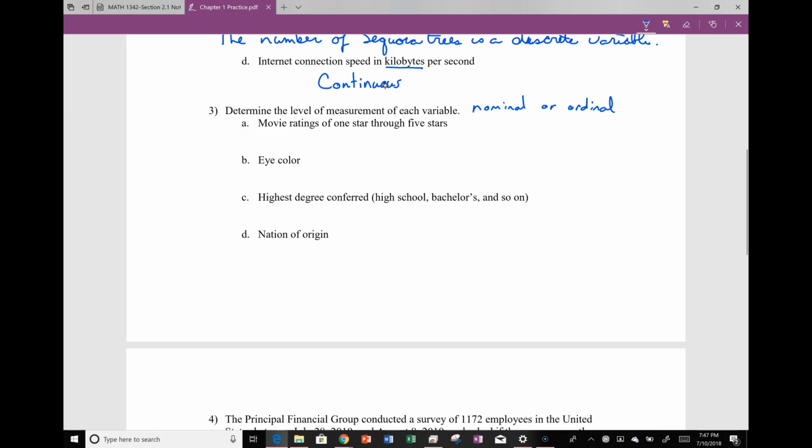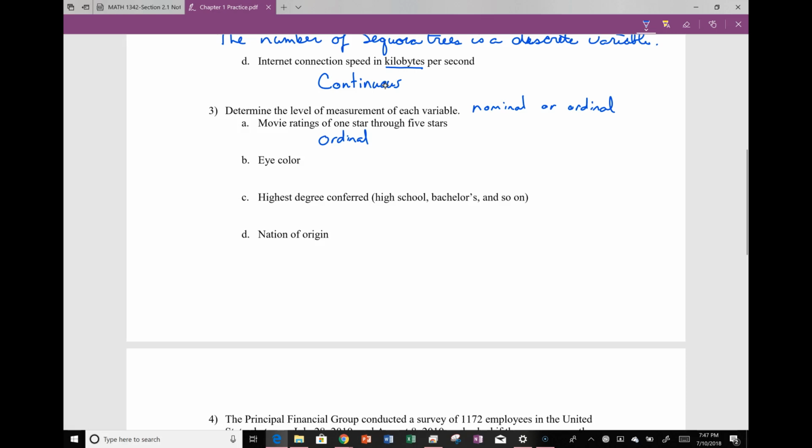So let's think about movie ratings of 1 star through 5 stars. If something gets a 1 star versus something that gets a 5 star, does the 5 star have a higher rating? Yes, it does. Because 5 stars is naturally higher than 1 star. Therefore, movie ratings on the star system is considered ordinal, because we can order those based on the number of stars that they have.